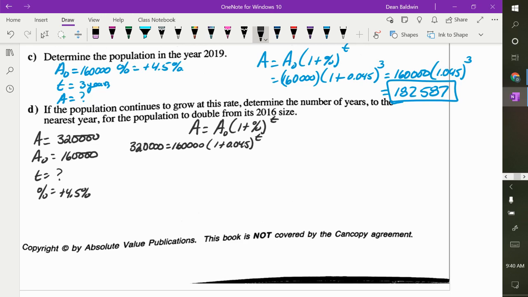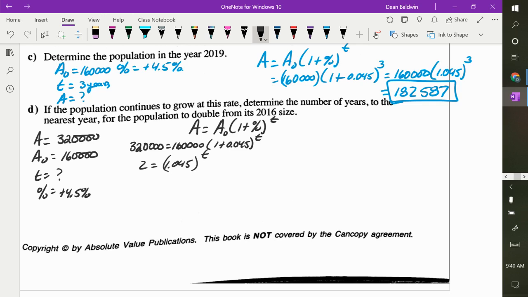All right. How do I solve this? What's my first step? Divide by 160 grand. What's 320 divided by 160? Okay. So we get to this point.